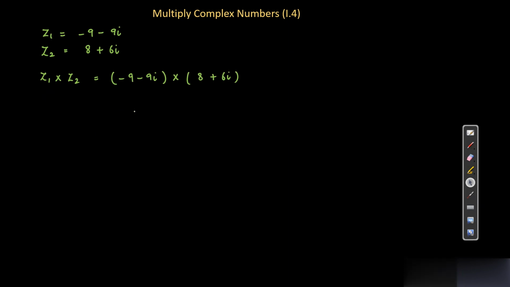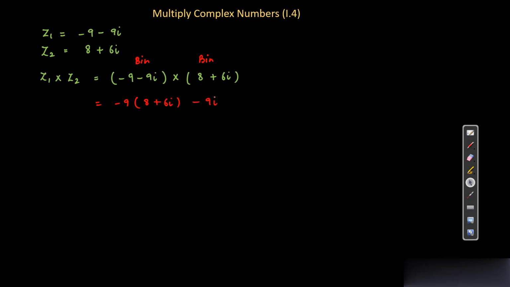Now, Bhavna, do you know how to multiply a binomial expression with another binomial expression? Yeah, so it's like -9 times 8 plus 6i, and then -9i times 8 plus 6i. Absolutely. So same thing we'll do here. It's very simple. Let's try it out. -9 will be multiplied by 8 plus 6i.